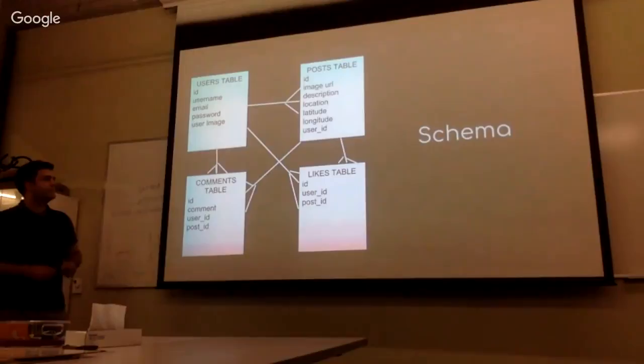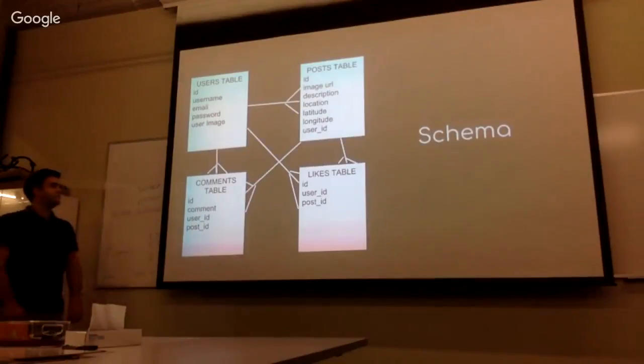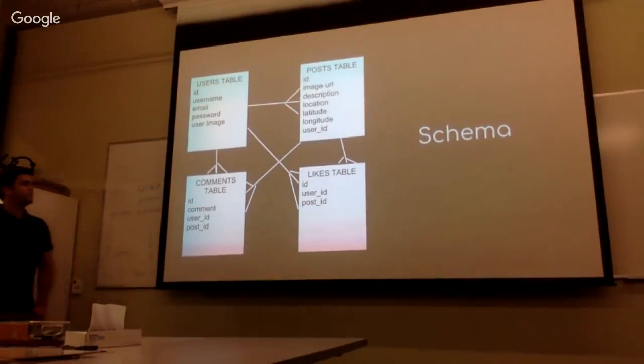For our schema, we have four tables: users, posts, comments, and likes. The user can make many posts, and the post can have many users through likes and comments.